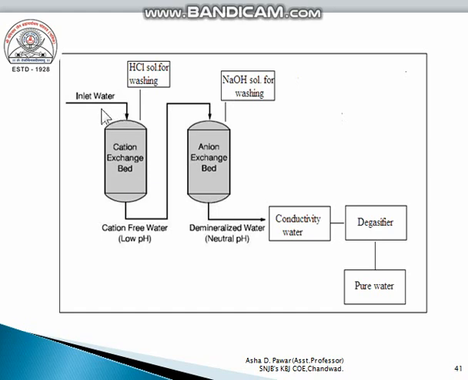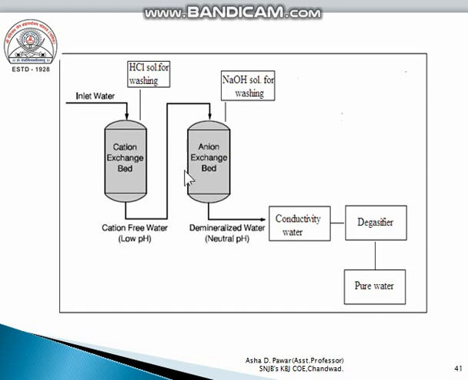So after passing through the cation exchanger bed, the water is acidic in nature, containing a large amount of H plus ions, and it still has the anionic impurities. Such acidic water then enters at the top of the anion exchanger bed.